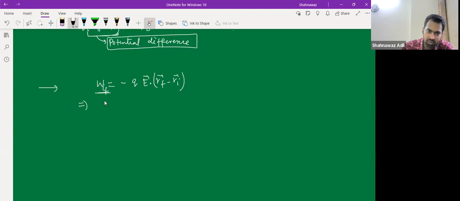So Q (VF minus VI) equals minus QE dot (RF minus RI), right?